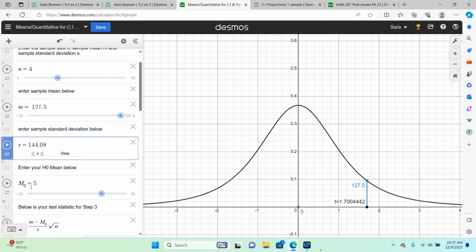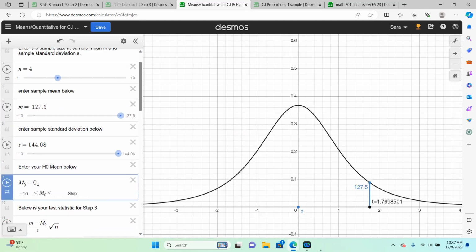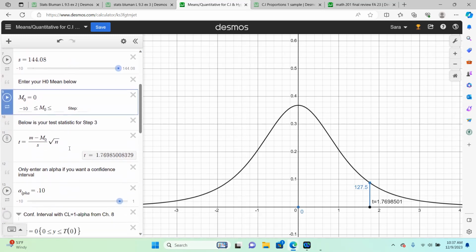And then our M0 is 0 because we think there's no difference. And that's validating our test statistic that we calculated by hand.